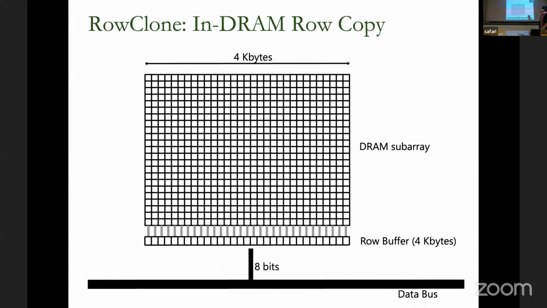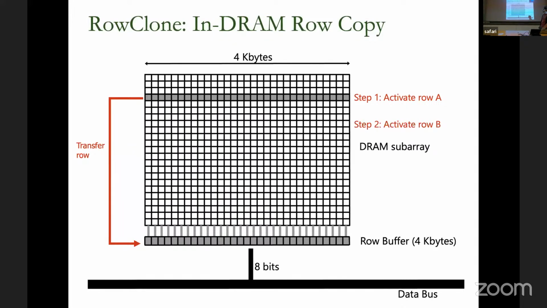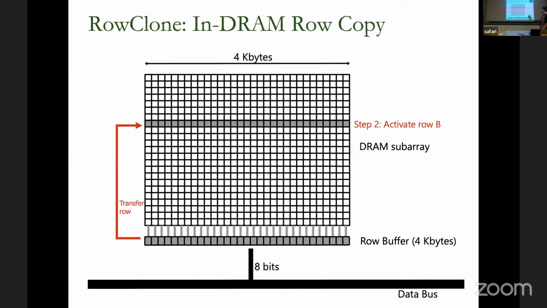Basically, RowClone proposes to open a source row, activate this row. That means transferring the contents of the row to the local row buffer. In this example it is 4 kilobytes, as you see. Then open a destination row, activate the destination row, and directly transfer this row from the row buffer to the destination row.